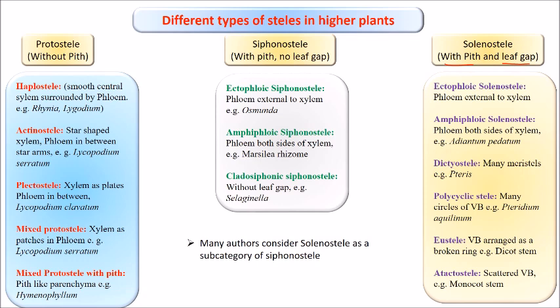Further, if you classify Protostele, there may be haplostele, actinostele, plectostele, mixed protostele and mixed protostele with pith. Likewise, in Siphonostele, that is ectophloic Siphonostele, amphiphloic Siphonostele, and we have described that in Solenostele, that is ectophloic Solenostele, amphiphloic Solenostele, dictyostele, polycyclic stele, Eustele and atactostele.